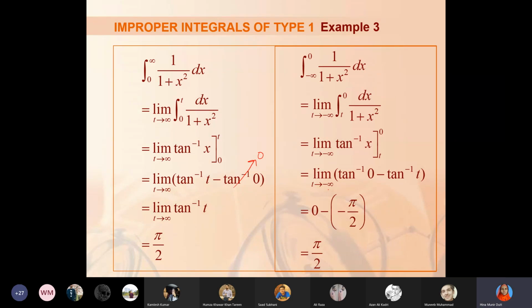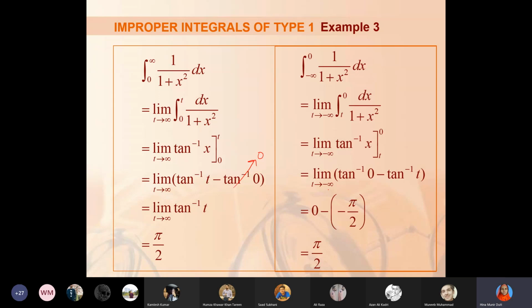And tan inverse of t when t approaches to infinity, or tan inverse of infinity, is pi by 2. Similarly, I will evaluate my integral of 1 over 1 plus x square from minus infinity to 0. I will replace minus infinity with t and take the limit t approaches to minus infinity, dx over 1 plus x square.